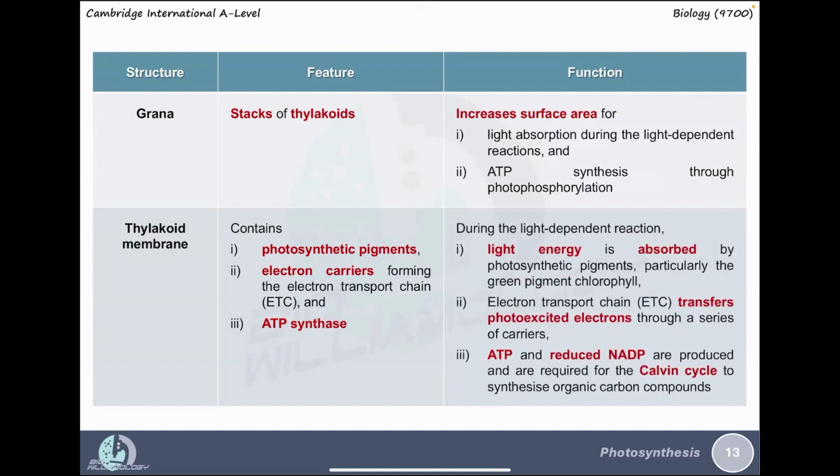So during light-dependent reactions, light energy is absorbed by the photosynthetic pigment, particularly chlorophyll, and the electron transport chain, ETC, transfers photoexcited electrons through a series of carriers, and ATP as well as reduced NADP are produced, both of which are required for the Calvin cycle, which is a light-independent reaction. The role of the Calvin cycle is to synthesize organic carbon compounds.